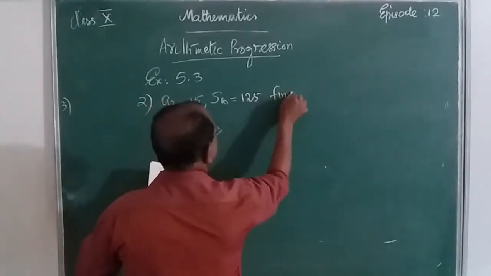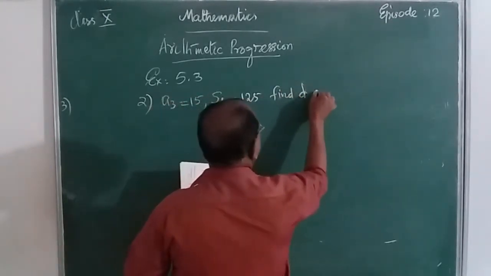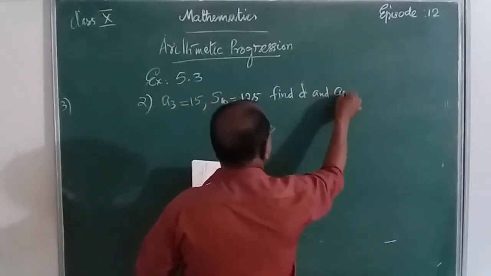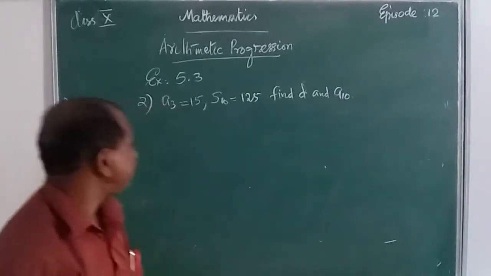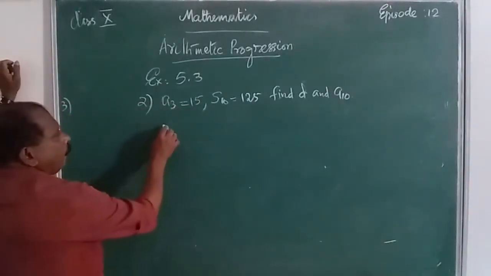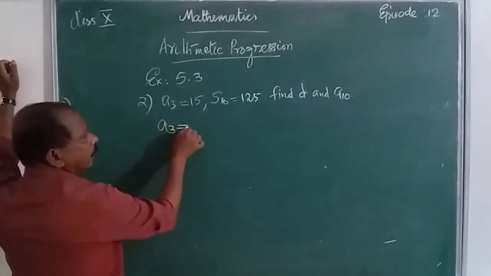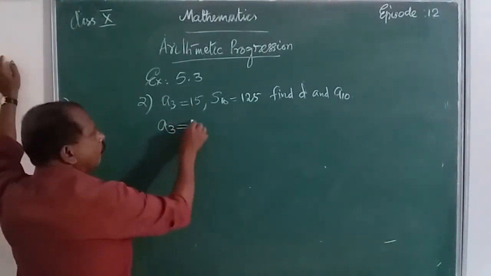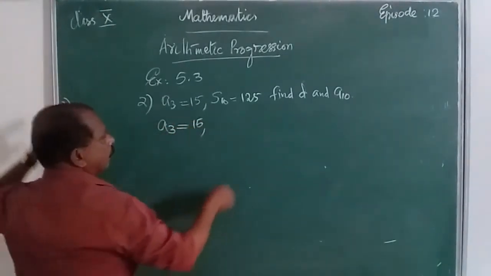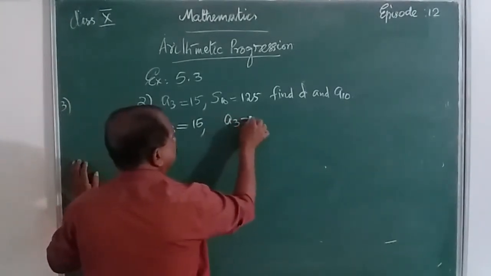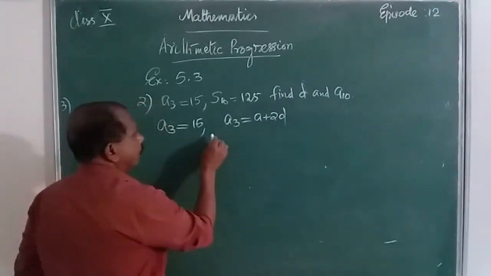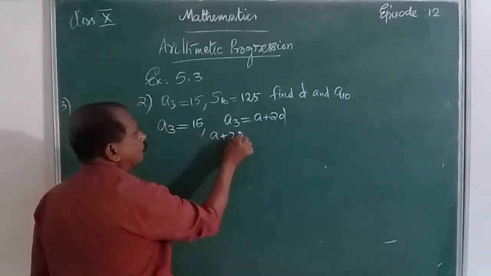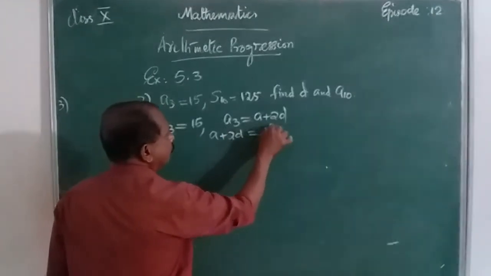Find d and a. What is A3? That is, A3 is equal to a plus 2d. That is, a plus 2d is equal to 15.